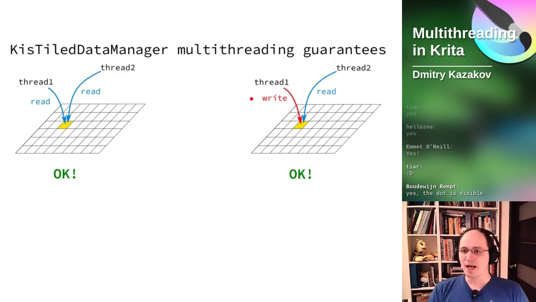It's not a problem. But what will thread 2 read from this pixel if it tries to read from this area at the same time? It is not defined what it is going to read. It may read the state of the pixel before the write operation. It may read the state of the pixel after the write operation, or some incomplete data.